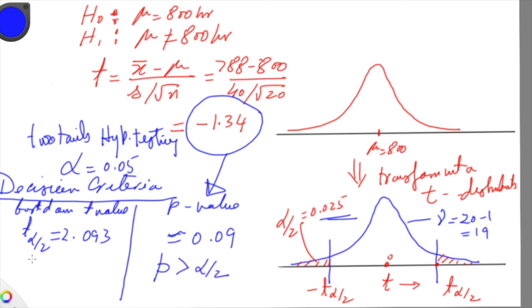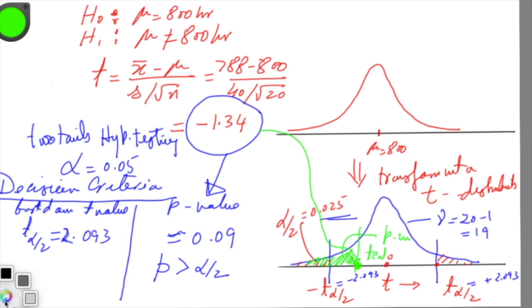In this case, minus t alpha by 2 will be minus 2.093, and this will be plus 2.093. So t calculated will fall somewhere about this particular point. So this will be t calculated, and accordingly this will be p value.